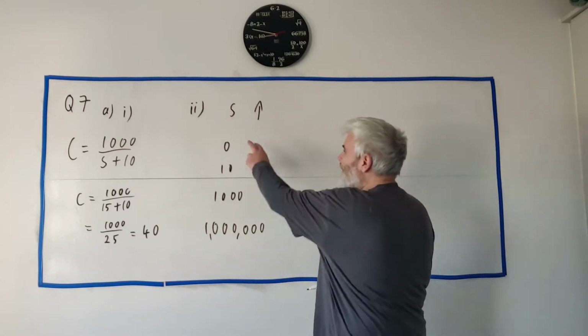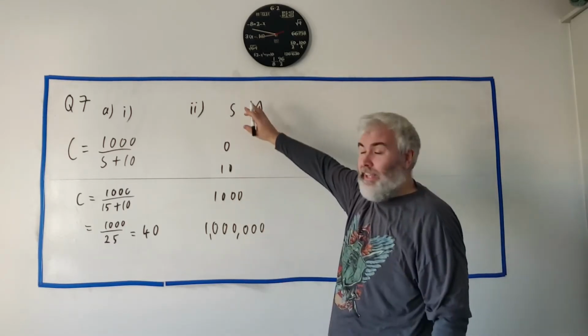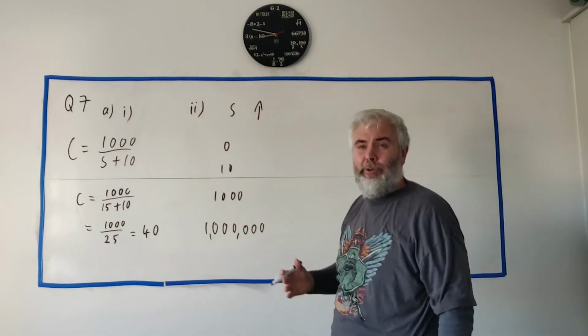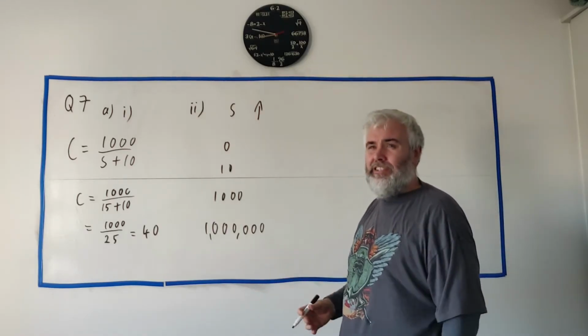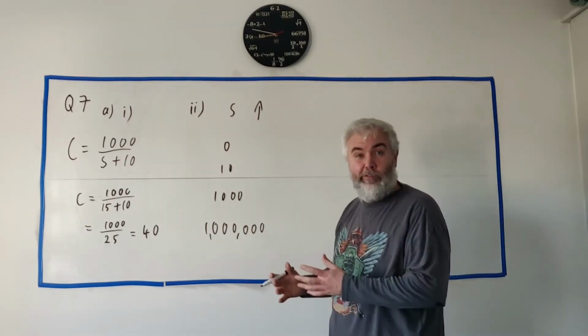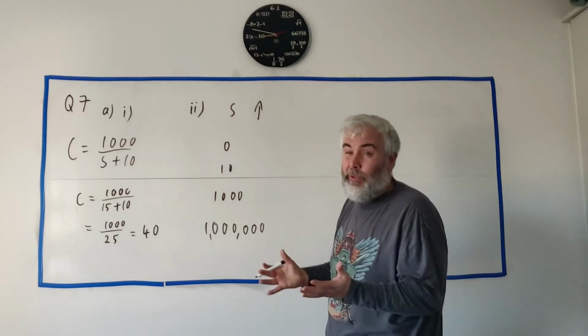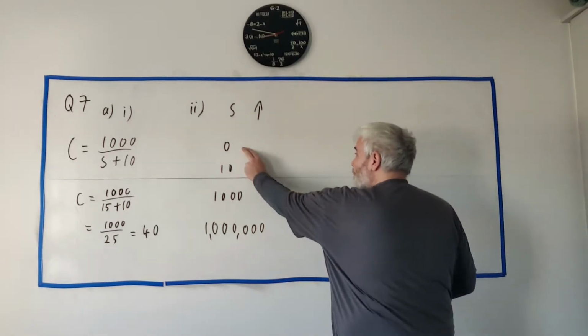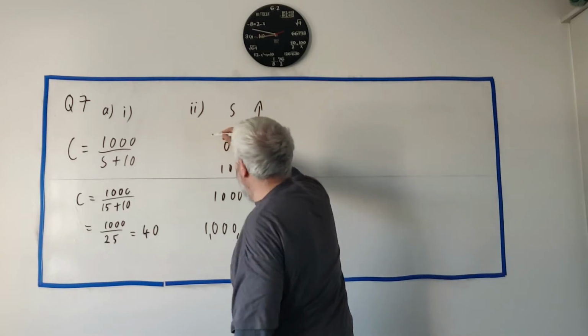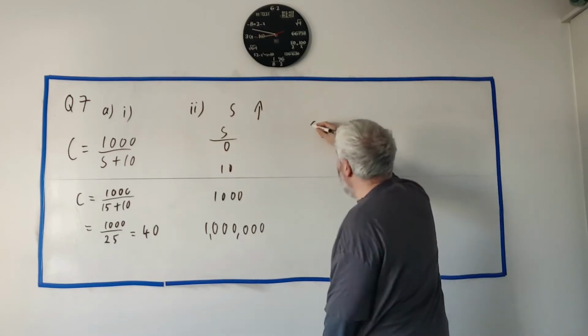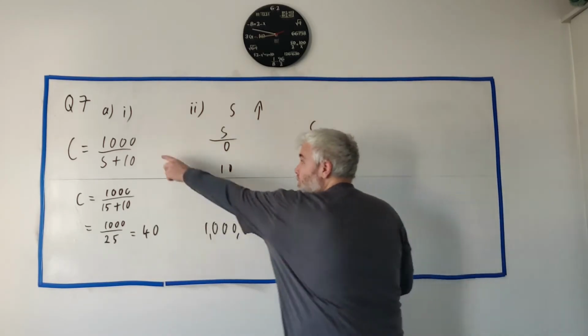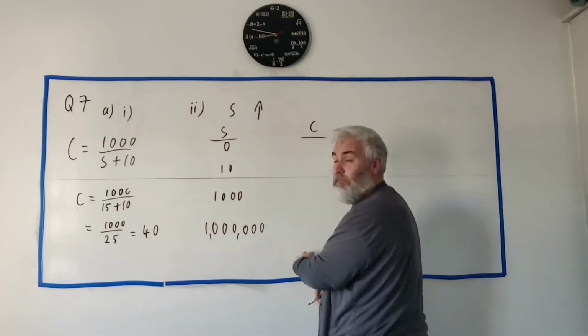We're going to assume that S is positive, so no minus numbers. They didn't tell us that, but this is a science question. They told us S was the maximum amount of rain that could go into land, so it couldn't be a minus. Then we're going to work out what C is, doing the same thing we did a few times.